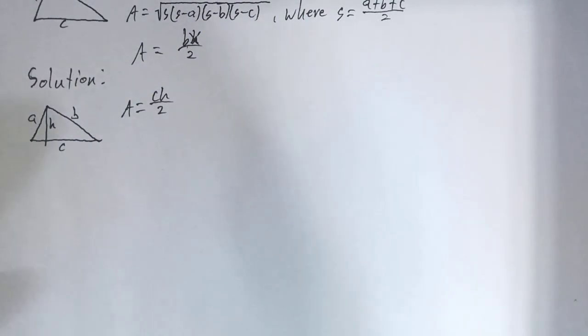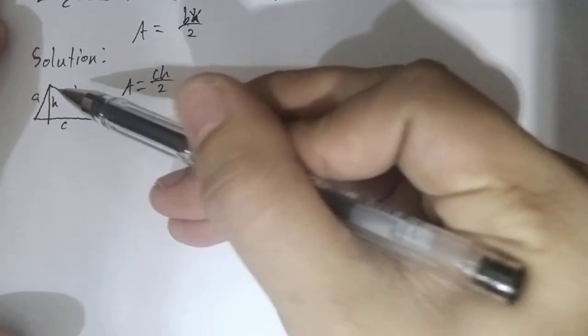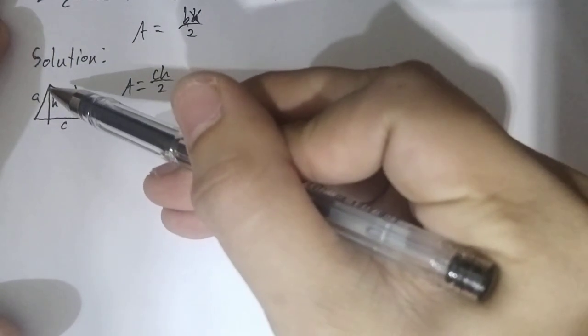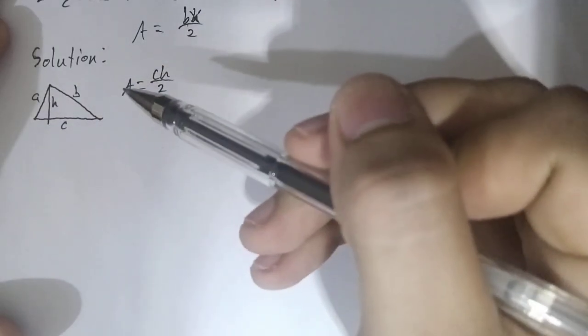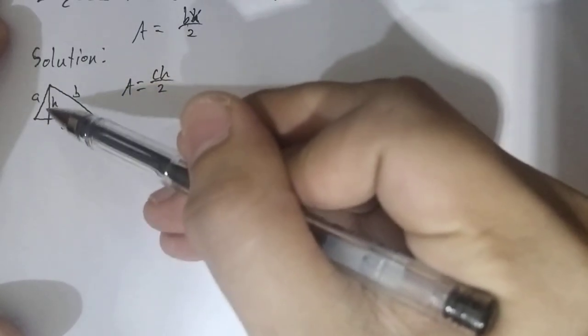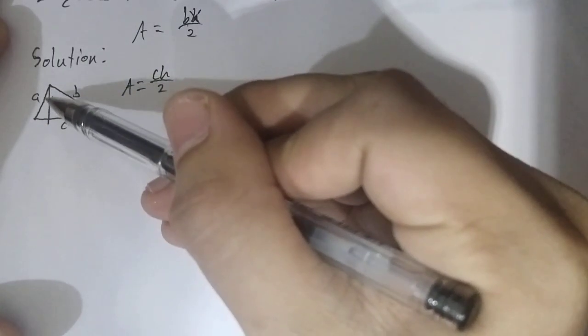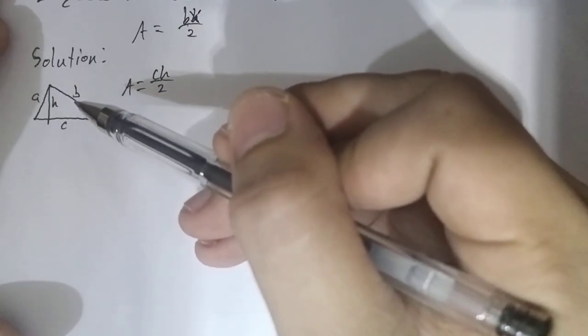Well, notice here in our triangle that when we write down the height of this triangle, we divided this triangle into two smaller triangles, right? Of course, they're not equal to each other, but we divided them into two triangles, right?